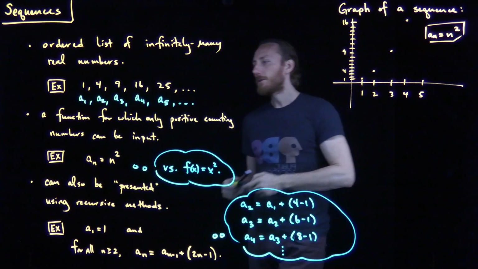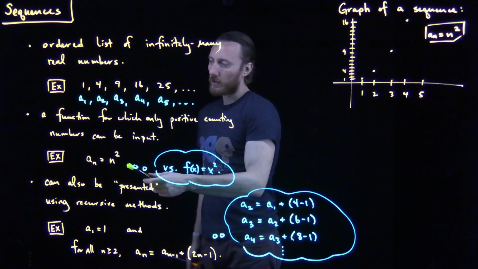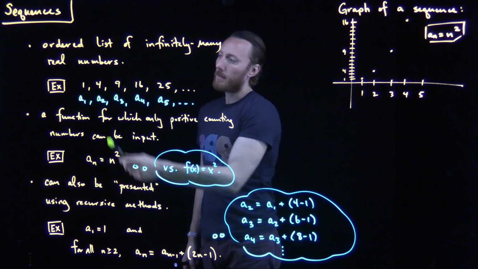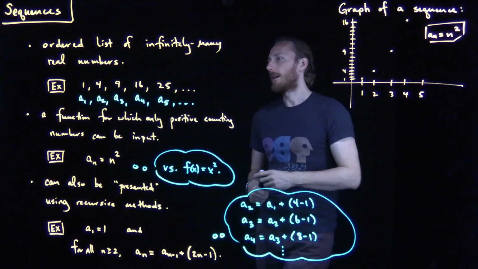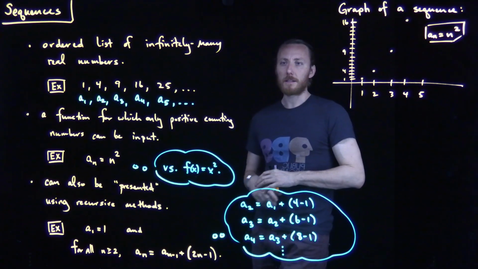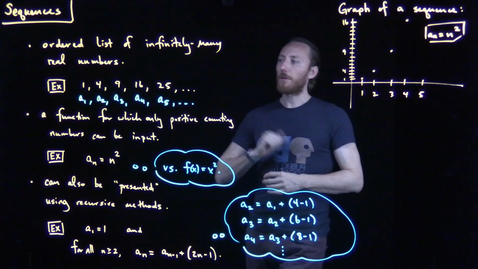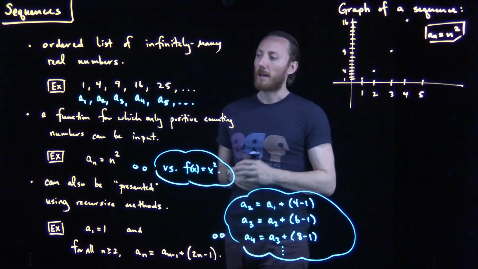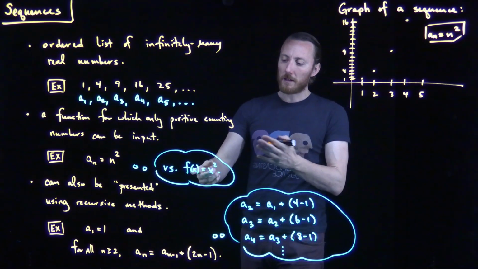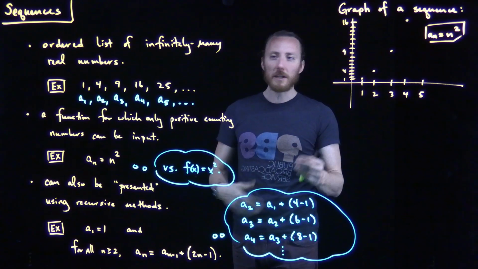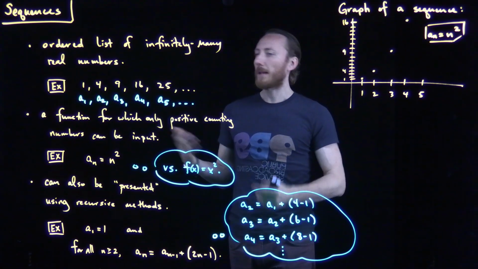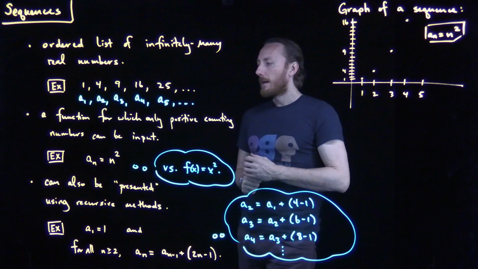So using the functional notation with a sub n, we'd get a general form of a sequence as a1, a2, a3. Just like with functions, where you distinguish one function from the next using f or g, you could distinguish one sequence from the next using a or b, something like that.